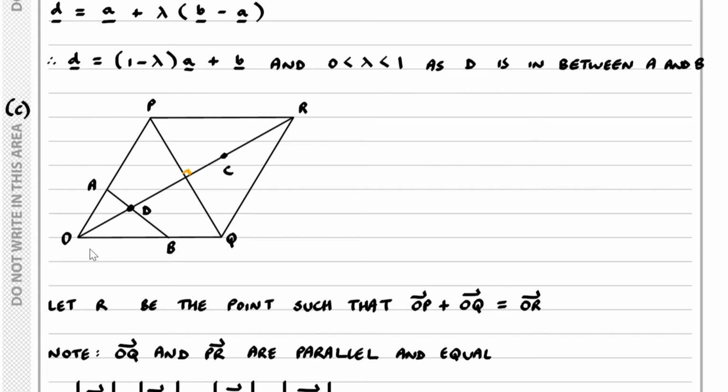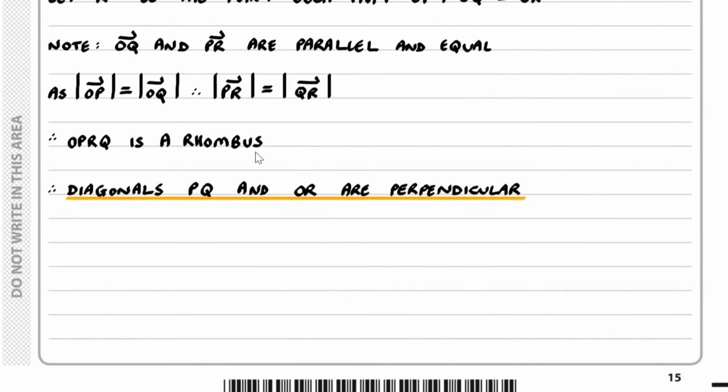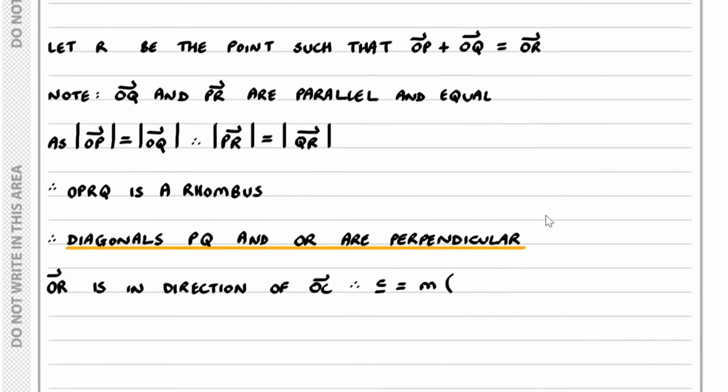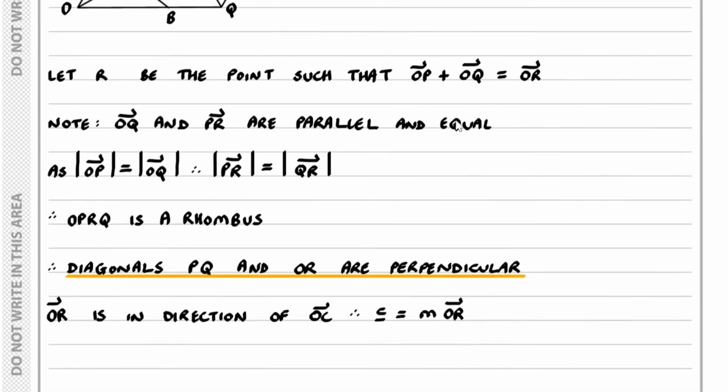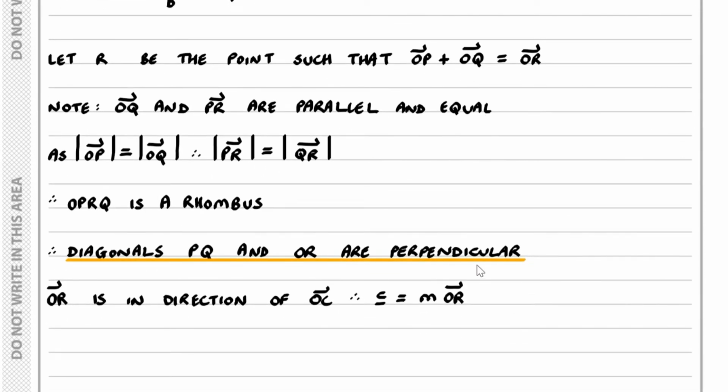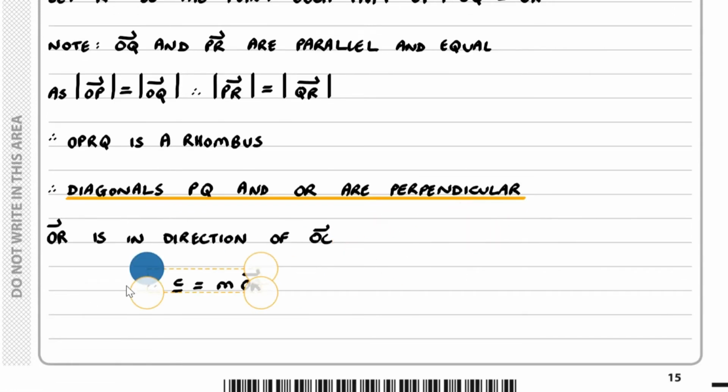Now, we can also see that OR is in the direction of OC. So let's write this down. So as OR is in the direction of OC, that means C is equal to some multiple of OR. And we know what OR is, that's OP plus OQ. So we have C equaling M times OR.